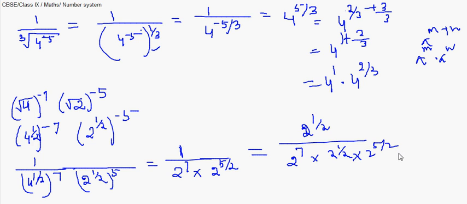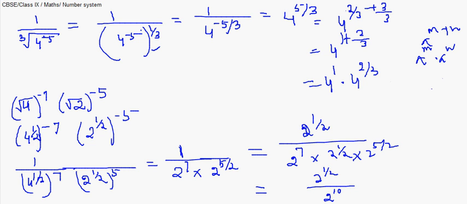I'm getting 2 to the power 7 plus 1 by 2 plus 5 by 2. This is a rough count here, I'll erase this later. 14 plus 1 plus 5 is 20 by 2, so it is 10 as the power I'm getting, because the bases are all equal. I made this for my convenience here, it is 2 whole 1 by 2. The answer can also be a little different, then also it is acceptable.